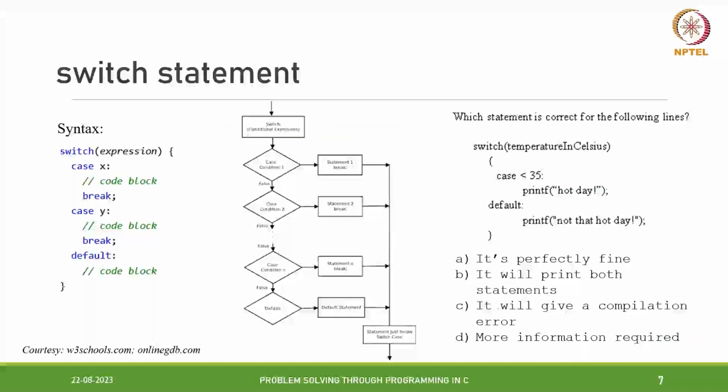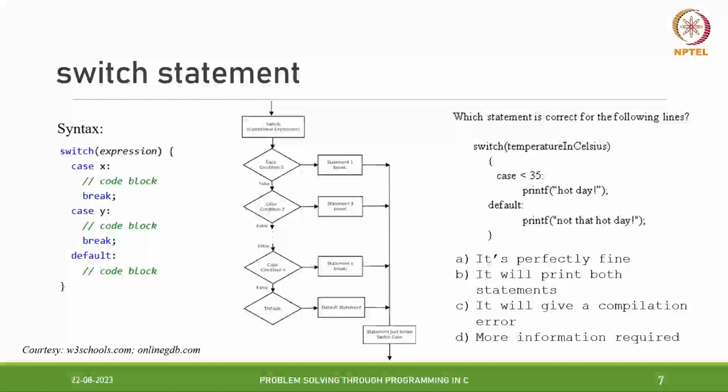Alright, now we'll just go through a bit of theory. You might have seen this syntax during the week 4 lectures. It is a common switch case statement. You have a switch inside which you write the expression, which is basically the conditional expression.